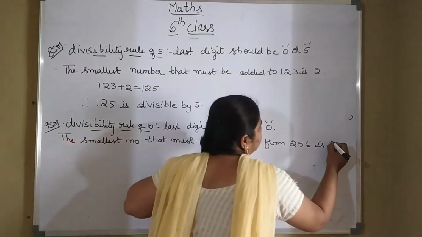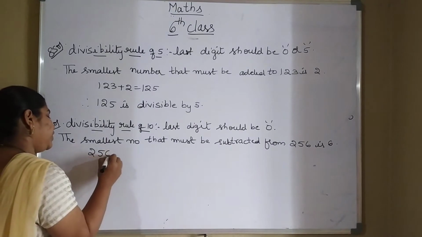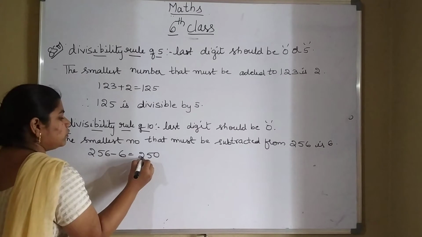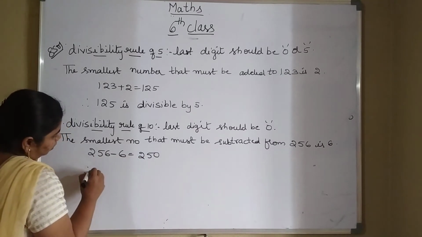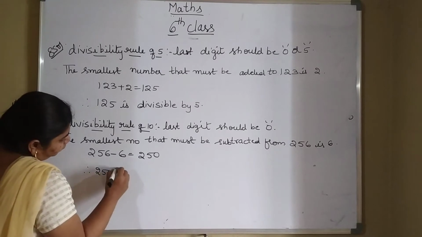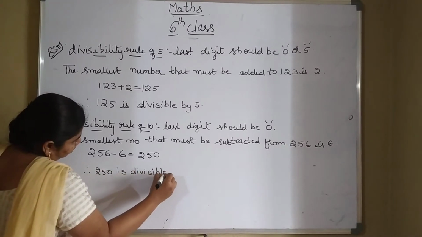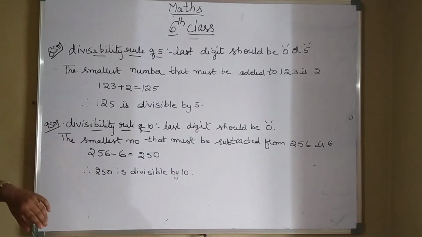You will subtract 6. 256 minus 6 will be equal to 250. So you got the last digit as 0. So therefore 250 is divisible by 10. So this is our exercise 3.1.